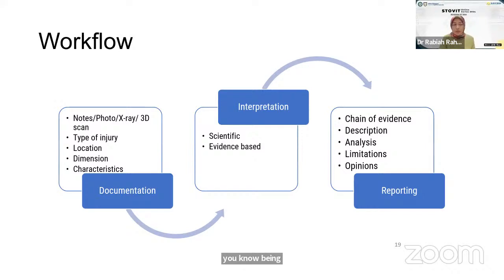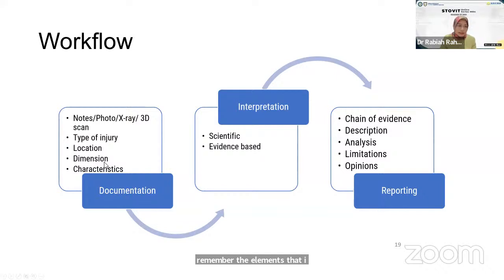So the workflow that we have done, when we perform a study or when we do a case to give opinion on injury related to the teeth: first, documentation. Remember the elements that I explained in the second slide.